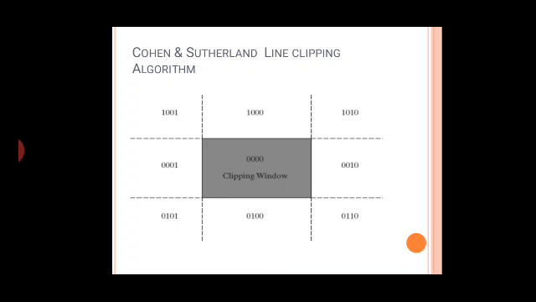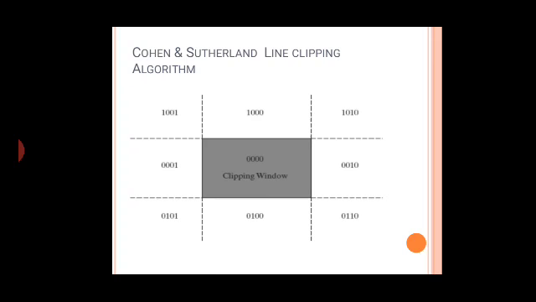For the bottom left corner we have set the bottom bit and left bit. For the bottom right corner we have set the bottom bit as well as the right bit. This is how the region codes are assigned to the endpoints.